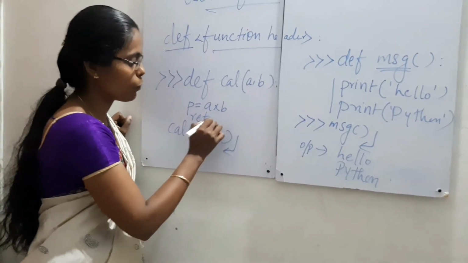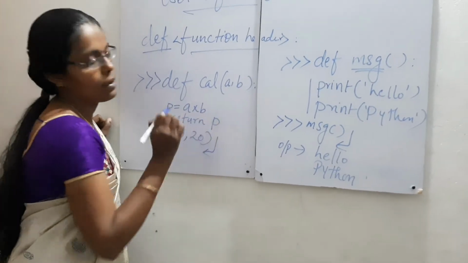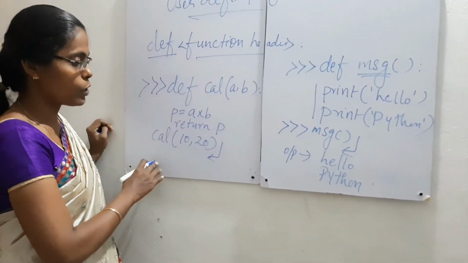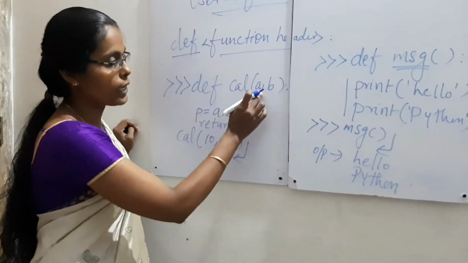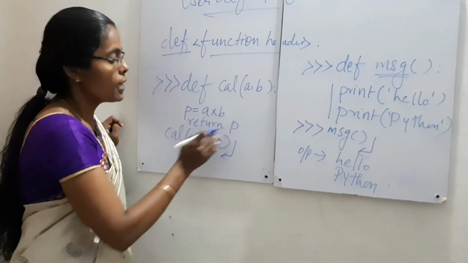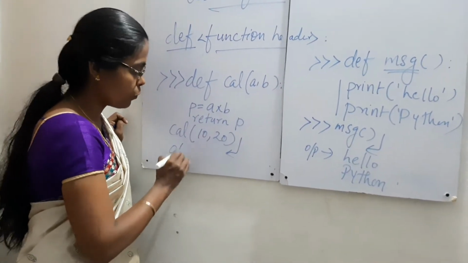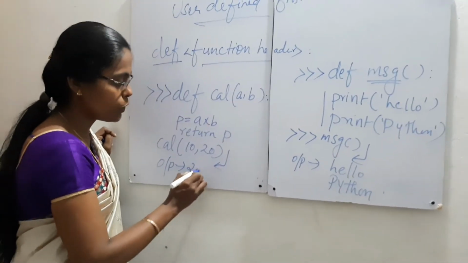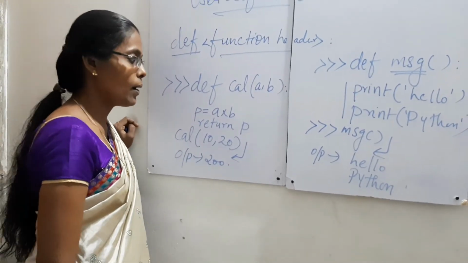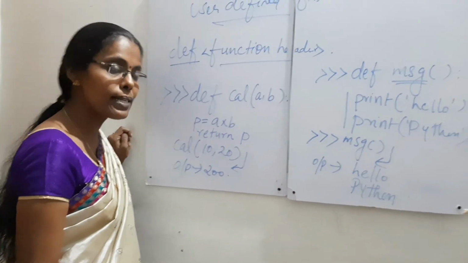So I have to write return p. Okay, return whatever the value is, that can be returned. So parameters can be passed like that also, and that will return a specific value in Python. Then the output will be 200. Okay, that way we can define the function in two types, with arguments and without arguments also.